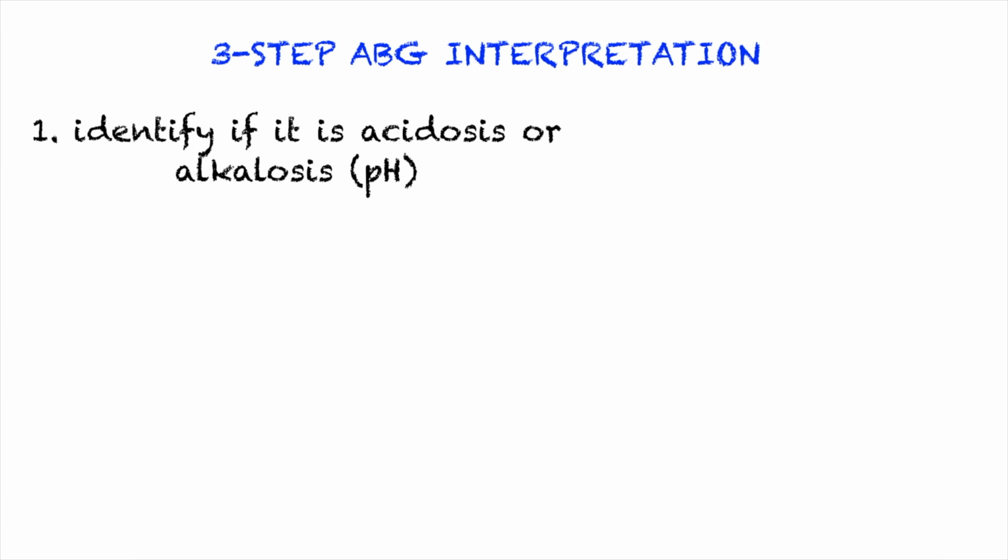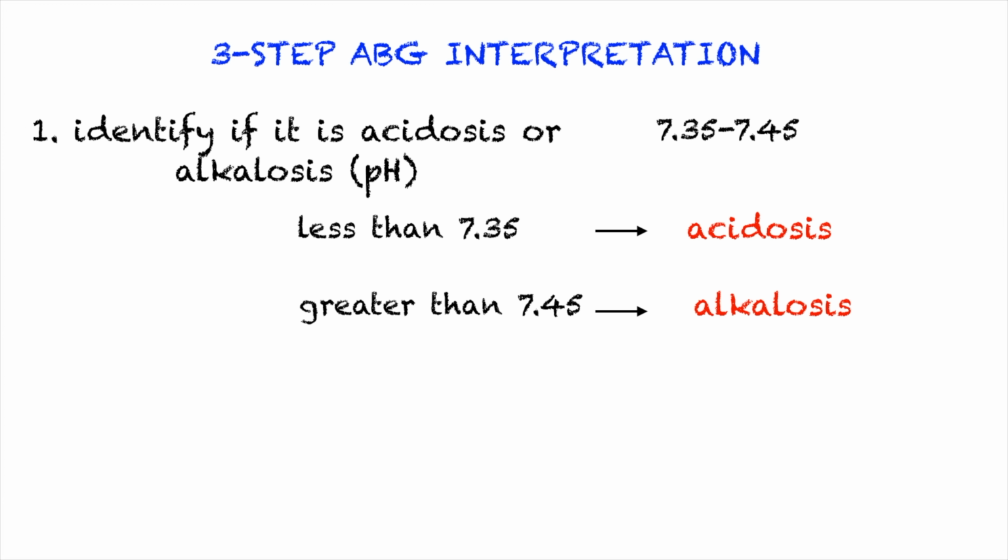First step is identifying whether it is acidosis or alkalosis. Again, our normal value for our pH is 7.35 to 7.45. If your pH is less than 7.35, you have acidosis. If it is greater than 7.45, you have alkalosis. Let's see some examples.